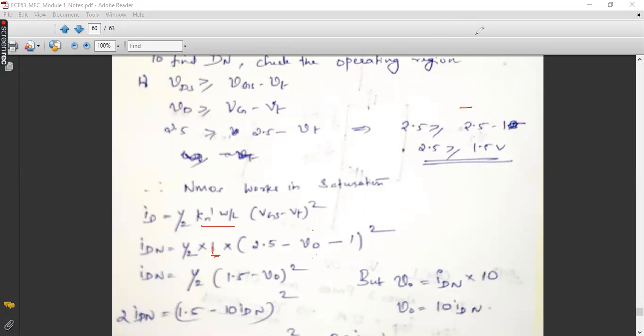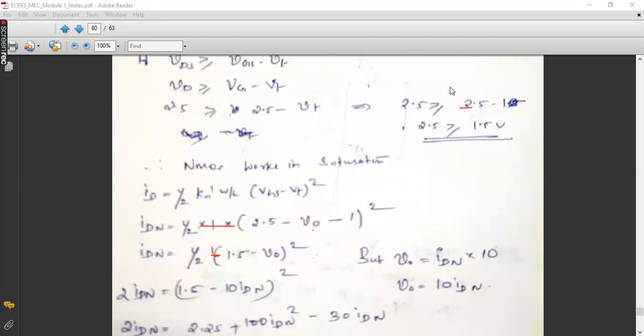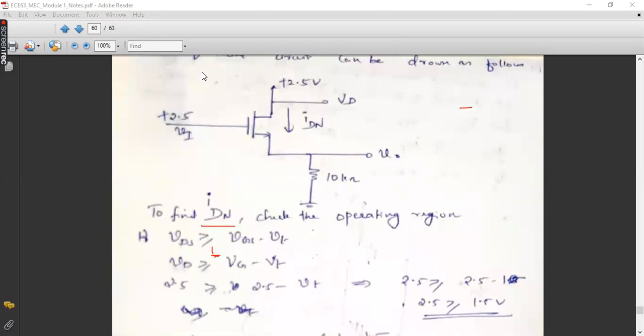VG is 2.5, and the source is not grounded. The source is connected to V0. So what is VGS? VGS is Vi minus V0, that is 2.5 minus V0.